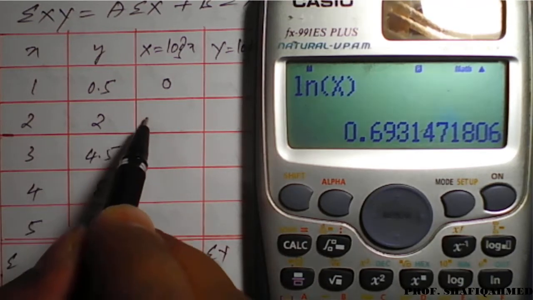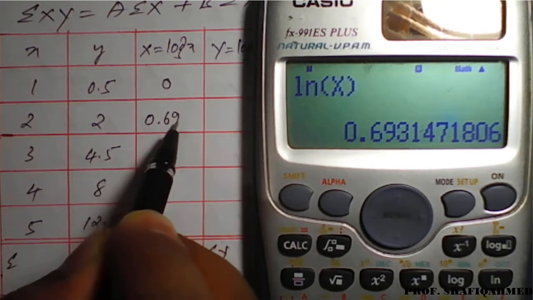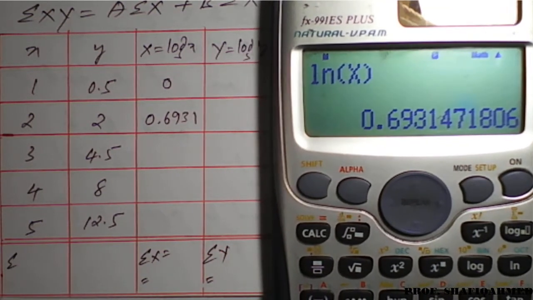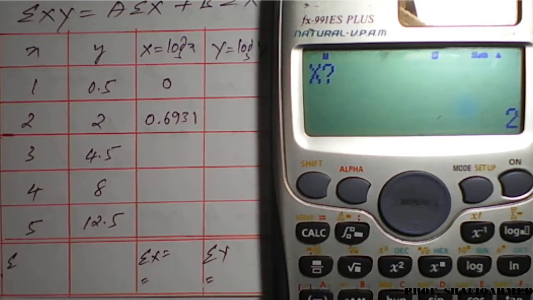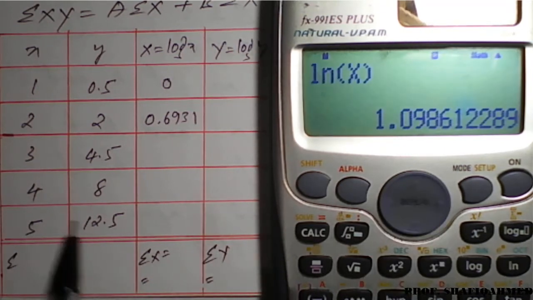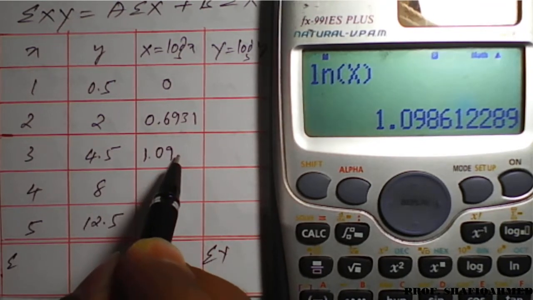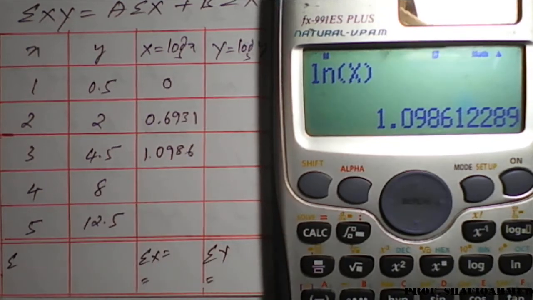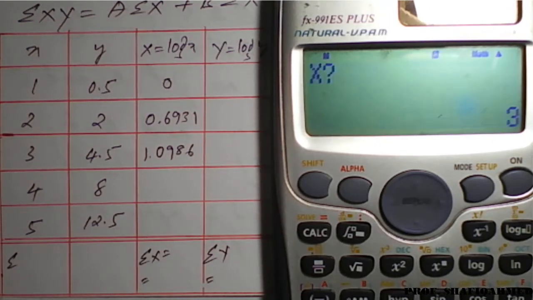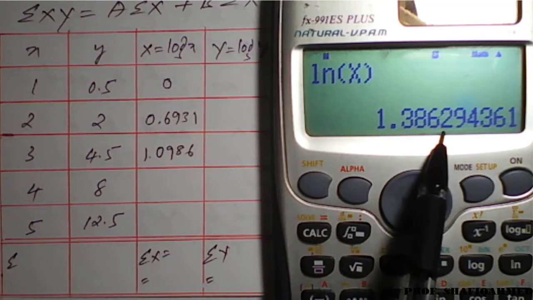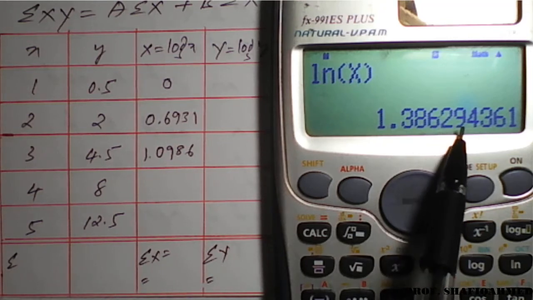The answer is 0.6931. Next, when x is equal to 3, the answer is 1.0986. Next, when x is equal to 4, it will be 1.3863, because the fourth place is rounded up by seeing the fifth one.